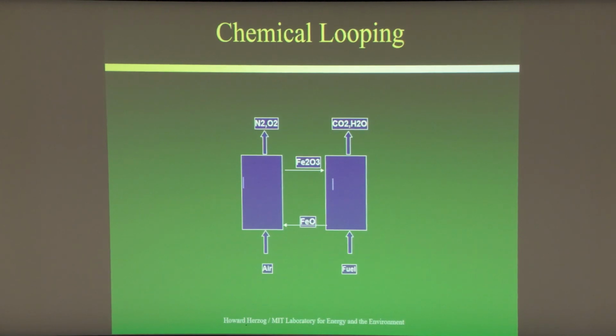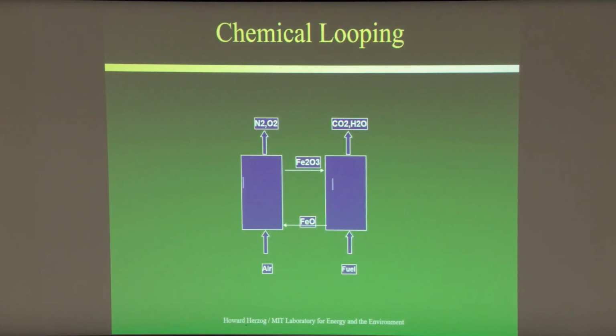Another form of oxy-combustion is chemical looping technology. I first heard about this about 30 years ago, and the progress has been slow, let's say. But the idea is you're looping some sort of metal oxide. In this case, I show iron oxide. People have looked at calcium oxide because that's cheap.